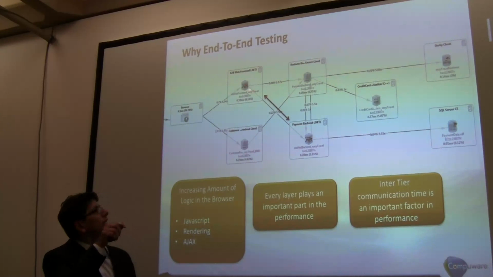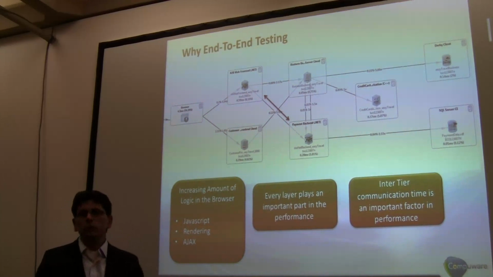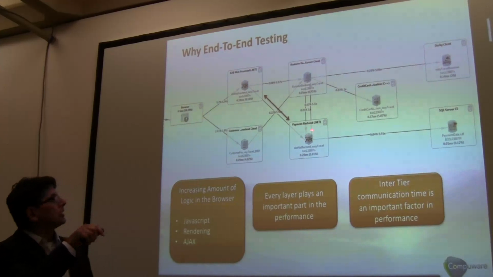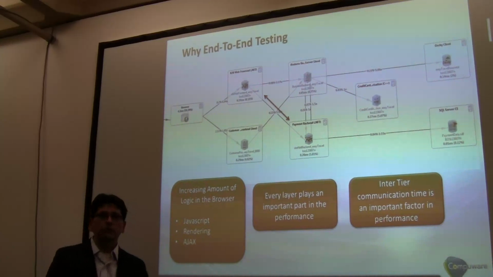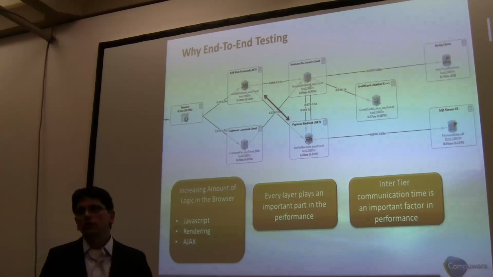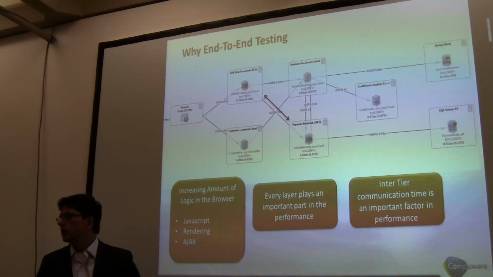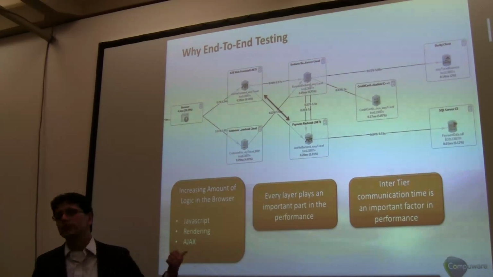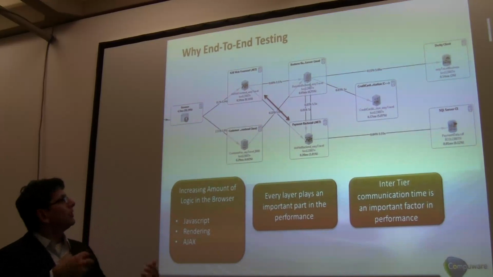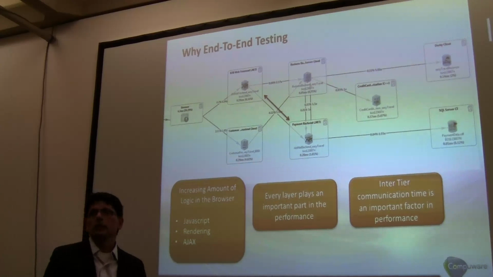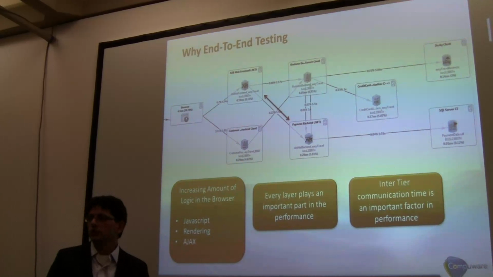But if you don't pay attention to this part, it goes into production, and this may be sitting in Boston, this could be sitting in San Francisco. If you have 15 calls between each tier for each transaction, whatever took a few seconds during your load testing will take minutes in production. And we have seen that case at a customer site. So knowing what's going on, how many calls am I making between tiers, and how much time is spent in the tier, inter-tier communication is also important as part of load testing.